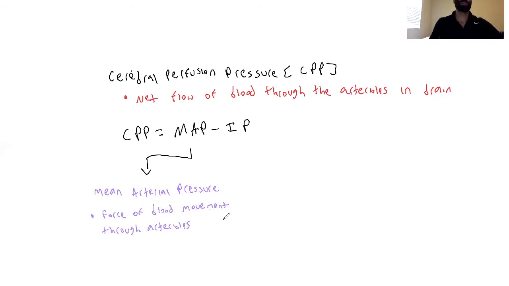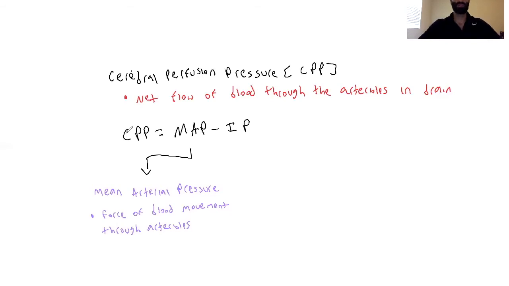When we talk about the brain, we're going to talk about arterioles. Mean arterial pressure is an estimation of the average pressure that blood is moving throughout your body. It's a more accurate reading, I believe, than just systole and diastole.